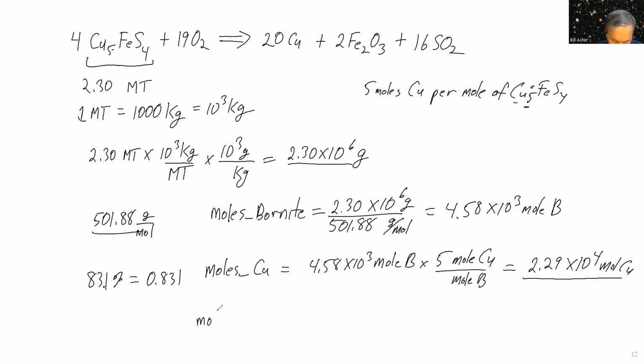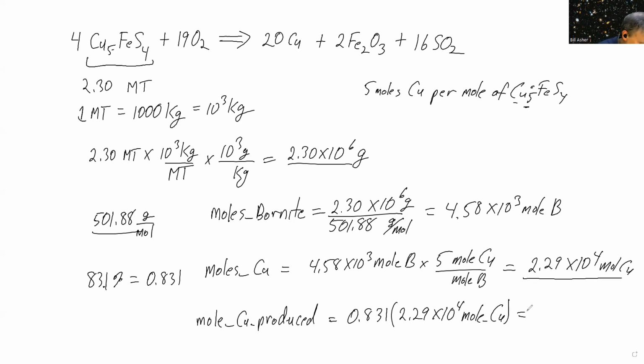So moles of copper produced is going to equal 0.831 times 2.29 times 10 to the fourth moles of copper, which is 1.90 times 10 to the fourth moles copper produced.